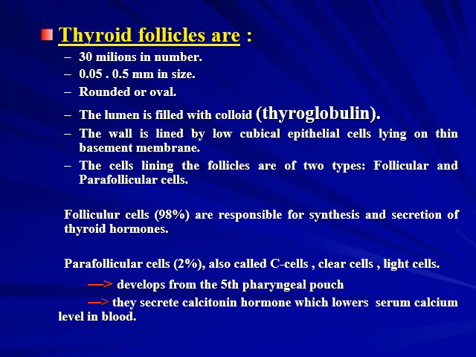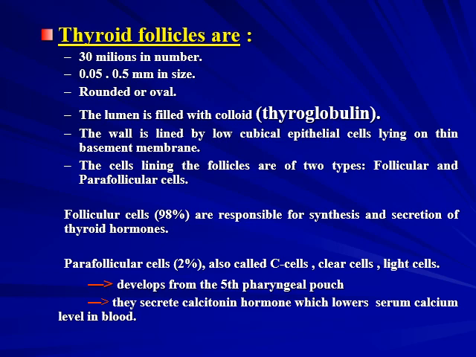The cells lining the follicles are of two types, either the follicular or the parafollicular cells. The follicular cells constitute about 98% of the cells, and these are the cells responsible for secretion of the thyroid hormones. We have a very specialized type of cells, which are the C cells or the parafollicular cells.